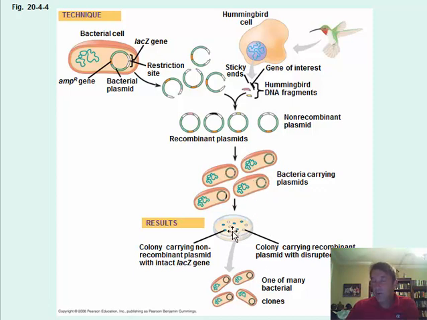Maybe this gene makes a protein that is useful, say, in making a protein that's used by diabetics, insulin or whatever. And so maybe it's not the gene that is going to be collected, but it's the protein made by the gene that is collected. Blood clotting factors can be made in this fashion. So there's a lot of different applications for this.